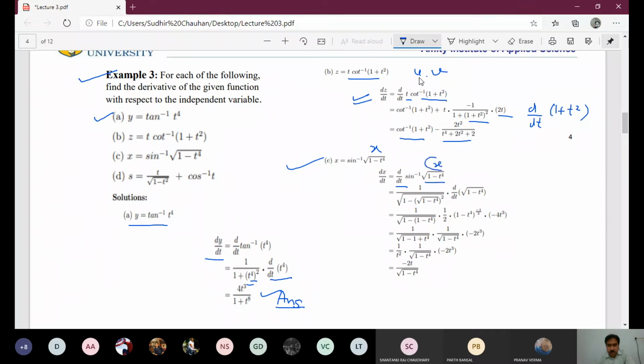We assume it as x, so it is 1 upon under root 1 minus x square, and then the differential coefficient of this expression, that is under root 1 minus t raised to the power 4. The differential of under root x is 1 upon 2 under root x.